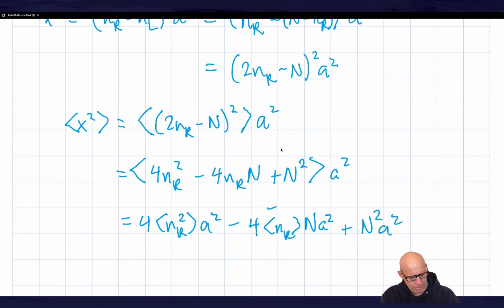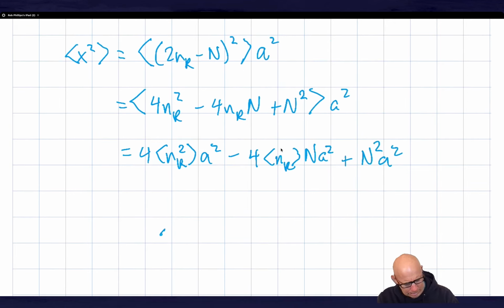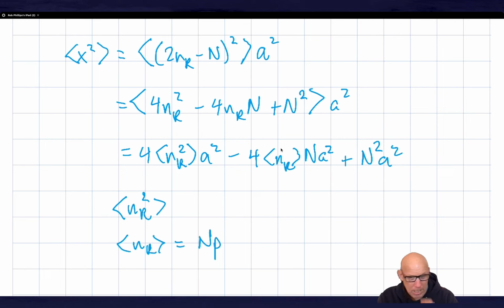So that's basically the ingredients, the fuel that you'll need in order to complete things, because at this point all that remains is you need to use the binomial distribution to find average nr squared and average nr. And I remind you that this one is n times p, and average nr squared, that's for you to find out, because it's fun.